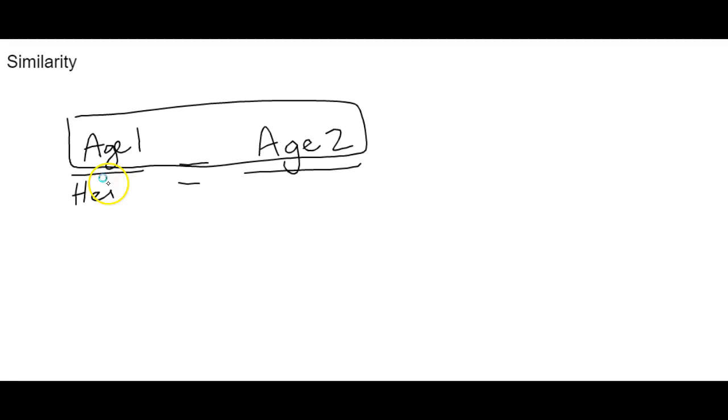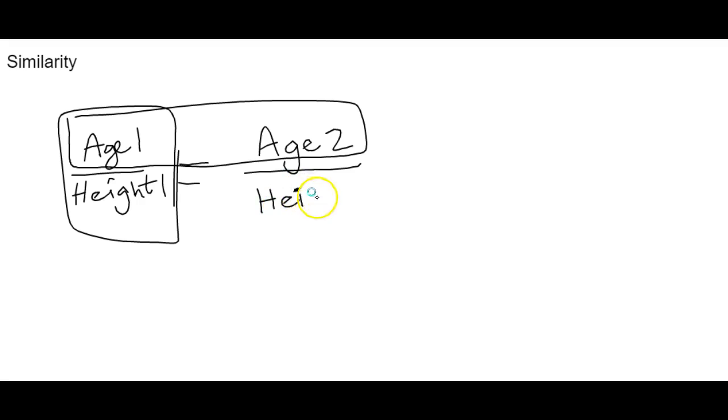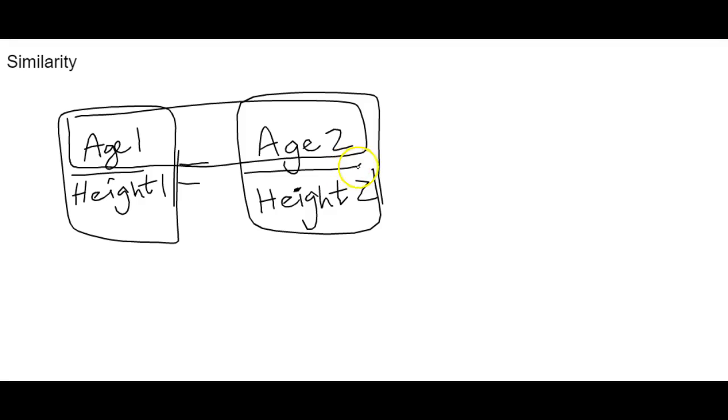So age over height, well, this would have to be the height of the first child. These two also have to be related. And same thing, these two would have to also be related. This would have to be height of the second child. And then the heights would have to be related. So going kind of in a box, everything has to relate to each other.